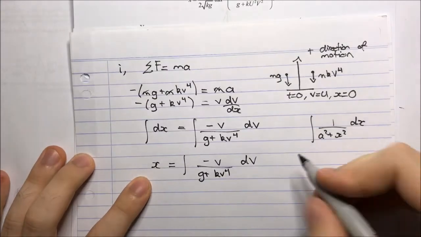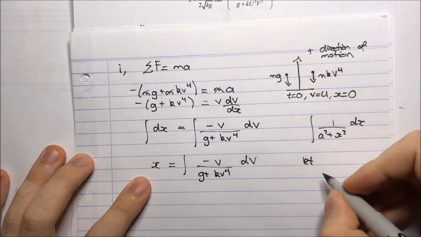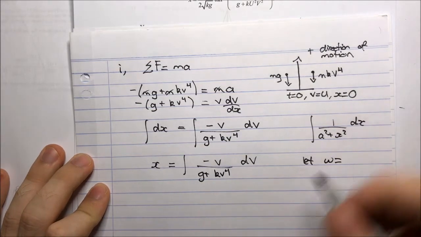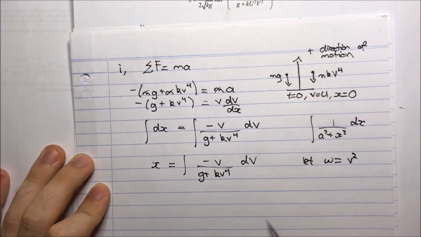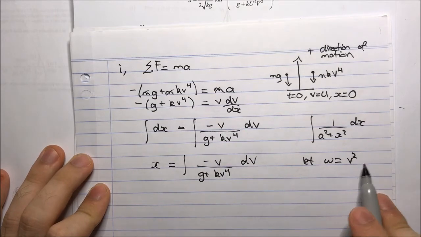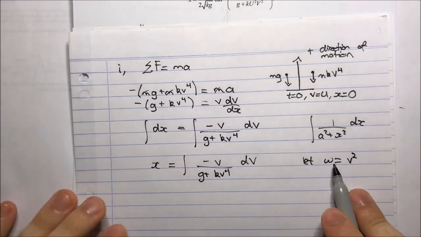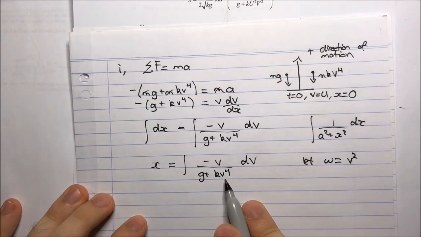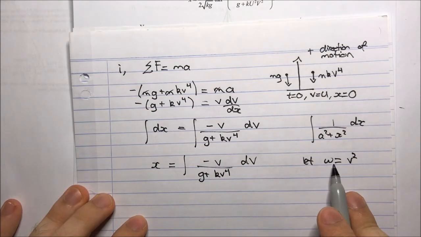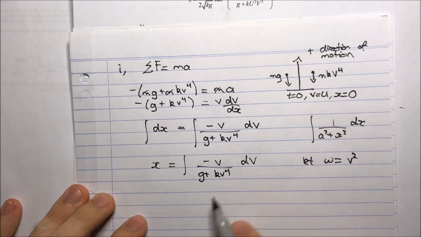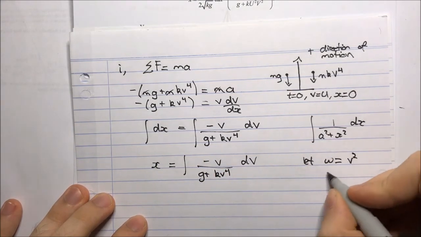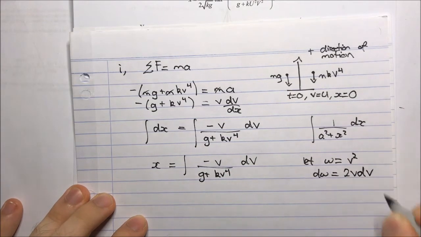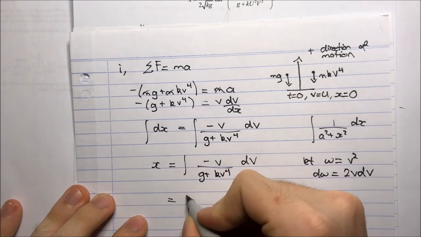I'm going to pick a variable, maybe w equal to v squared. And the reason I've done this is because now, if I was just to substitute my w in the denominator, I have some constant plus w squared. So if I use this substitution, I have to differentiate it, and now I can substitute in.